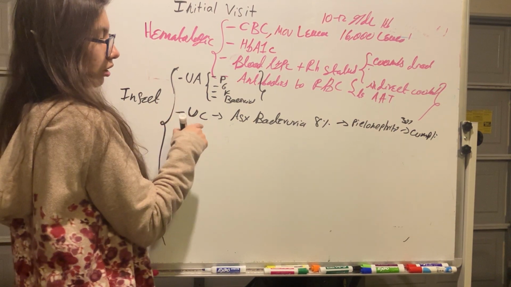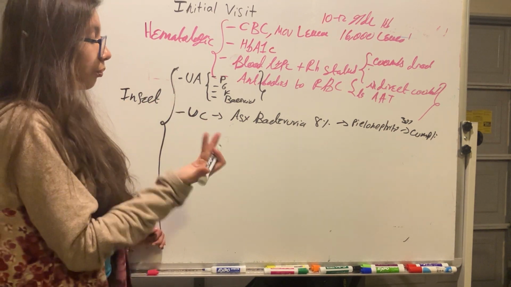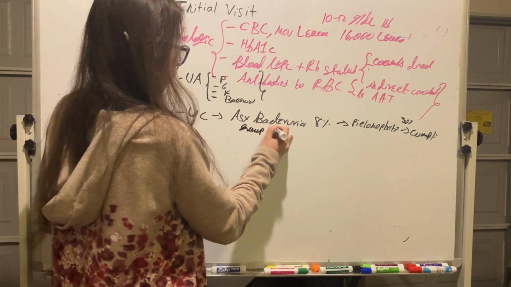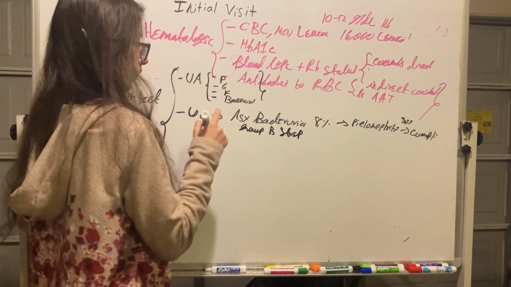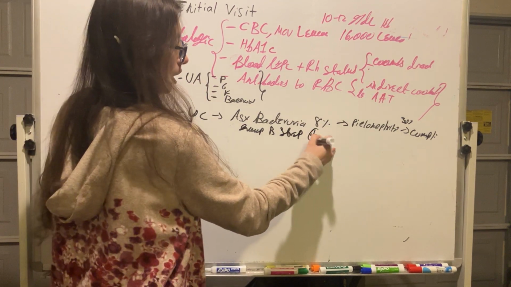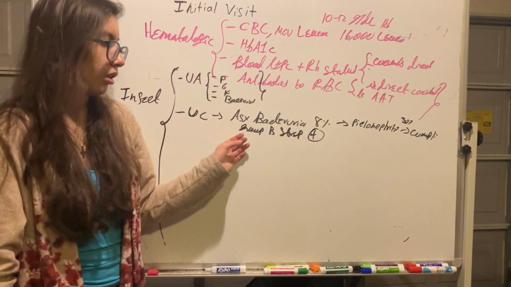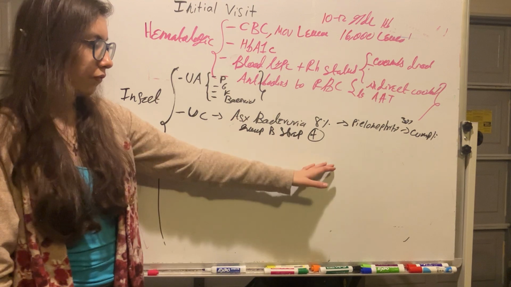We're going to do urinary culture, but one of the bugs for which we test is group B strep. If this urine culture is positive, it doesn't matter if we treat the patient for this infection.